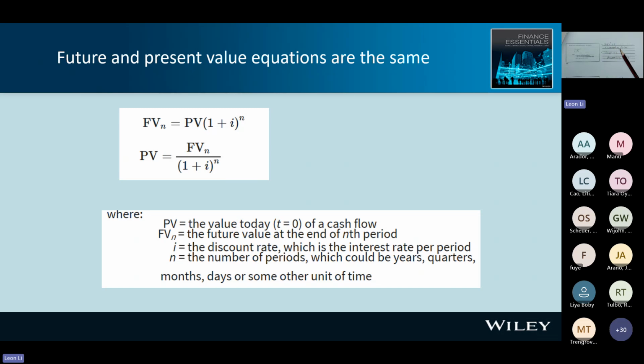Then in the present value equation, you can see this term, 1 over (1 plus i) to the power of n. This factor is smaller than 1. This is a discounting factor. That means $1 in the future has a present value lower than $1. Right? It's a discounting factor.